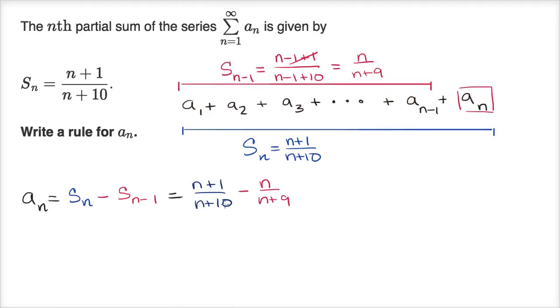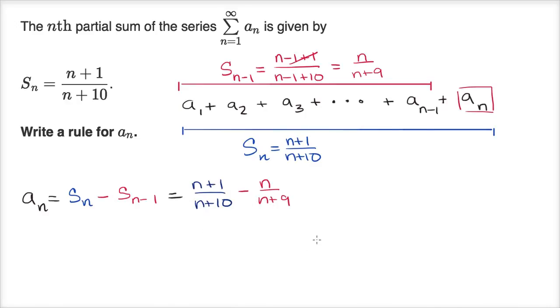And this by itself is a rule for a sub n, but we could combine these terms, add these two fractions together. And this is actually going to be the case for n greater than 1. For n equals 1, a sub 1 is going to be equal to s sub 1. But then for any other n, we could use this right over here.